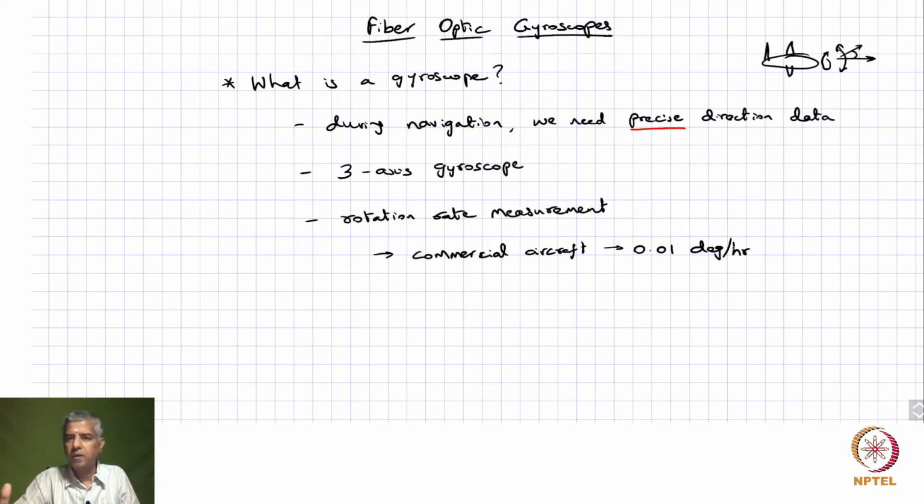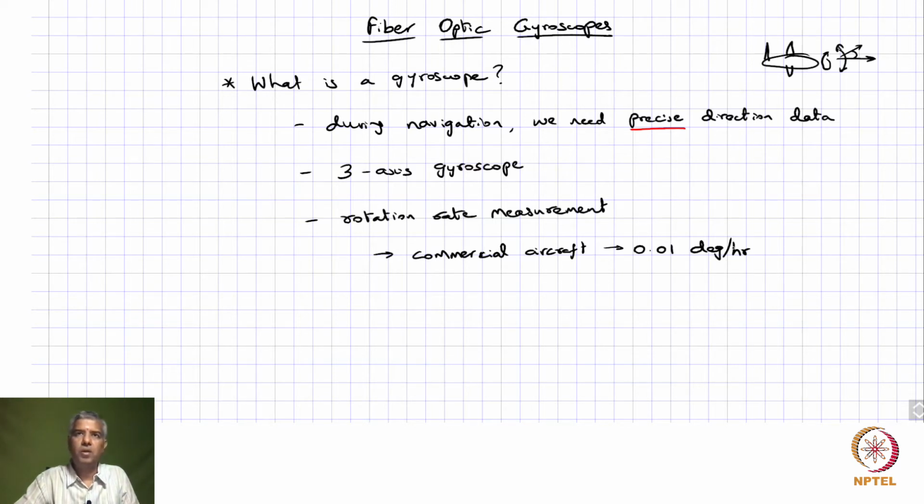If you are off by 0.01, 0.02 degrees, you may be actually going to a neighboring town rather than your actual destination itself. So that's the kind of accuracy or the precision that you need for such applications.